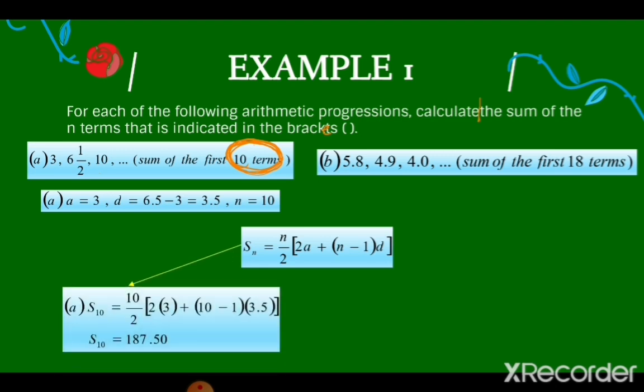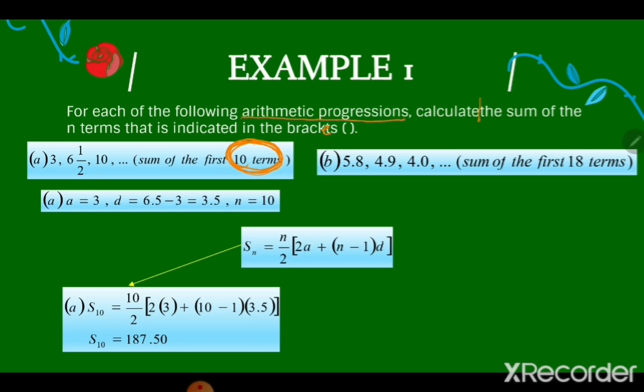So the sum of the first 10 terms in that arithmetic progression series will be 187.50. Simple. Why don't we find T3 minus T2? We don't have to, because the question has stated that it is an arithmetic progression.